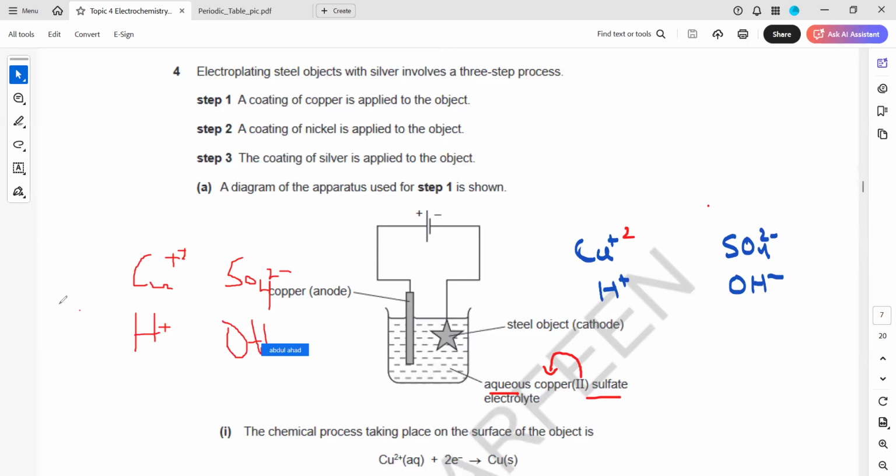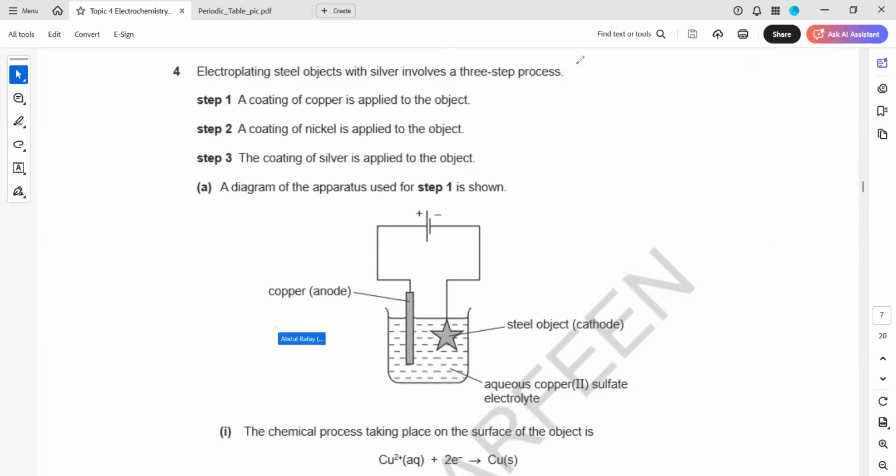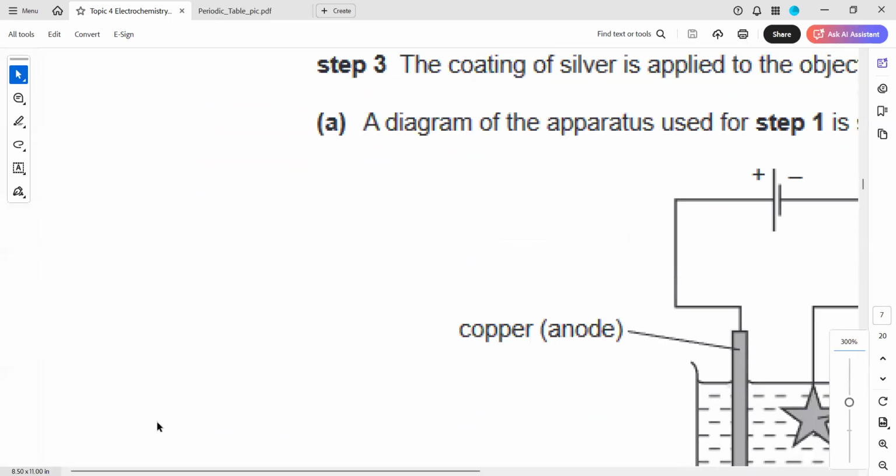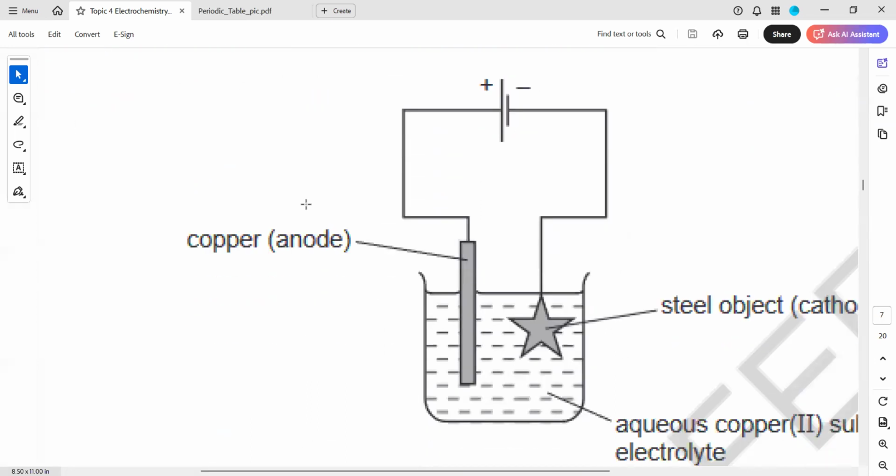I will erase your annotation for a moment to give an idea about the electrolysis. Just a minute. So we are doing the electrolysis using a copper sulfate solution and using copper electrodes.